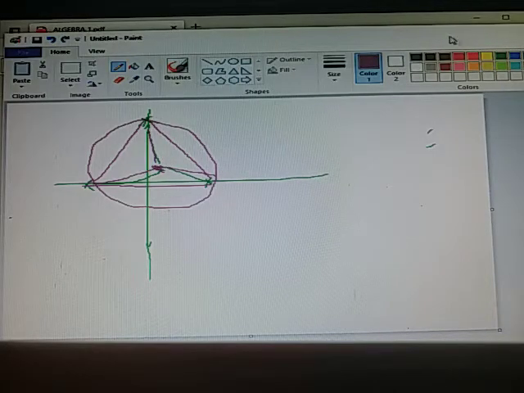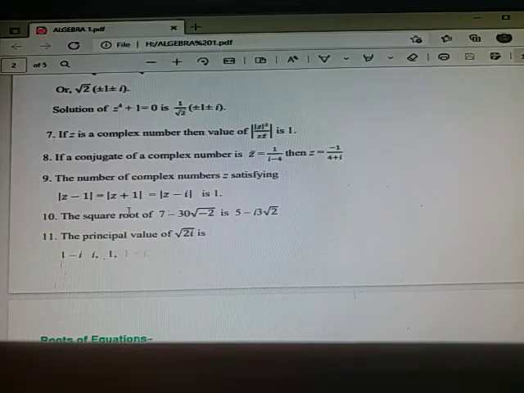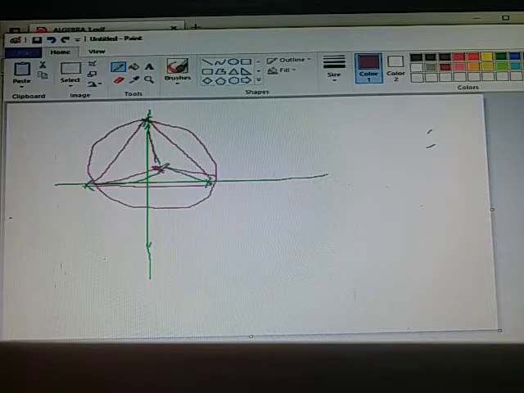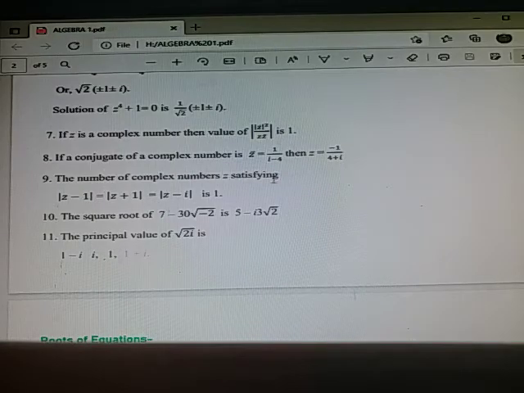So our question is, they are asking how many solutions are there. Only one solution, because for any triangle there is only one circumscribing circle, so there is only one center. So the solution is 1.